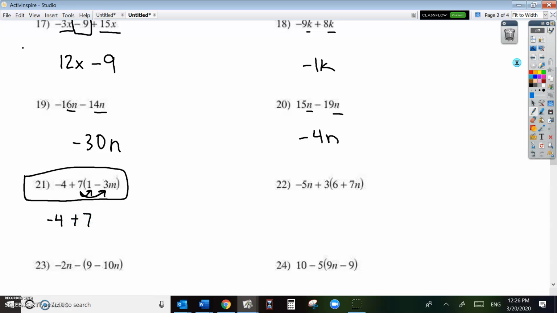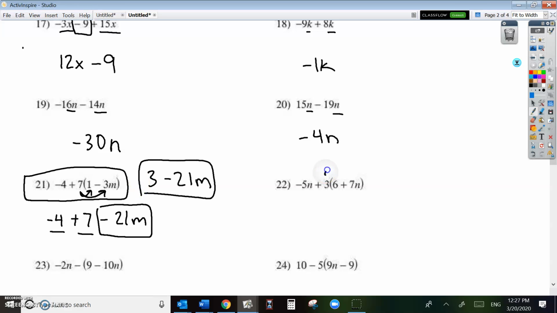And then you need 7 groups of 3m, which is 21m. And you're subtracting that. Combine these two, leave this one separate. So -4 plus 7 is actually 3 minus 21m. That's all you can do with that one.